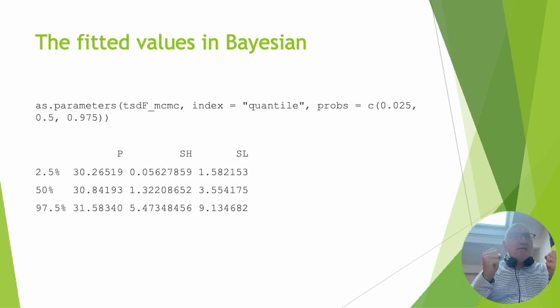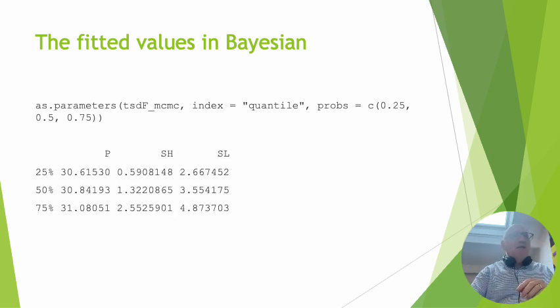You can ask a more precise range of probability for the quantiles. Then if you use the 50%, the range of quantiles where you have 50% of chance to have P, SH, SL, you see that P is around 30.61 to 31.